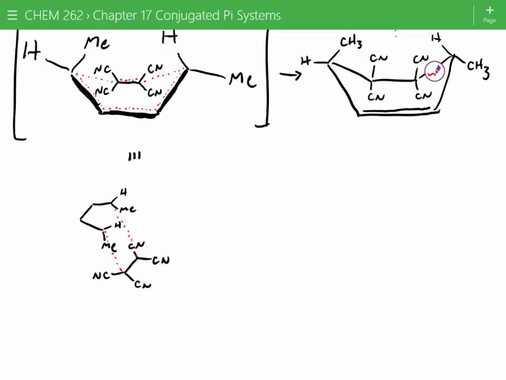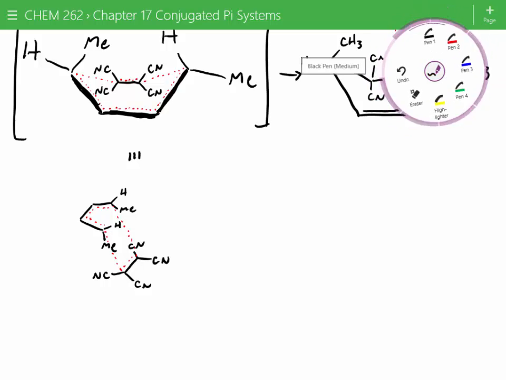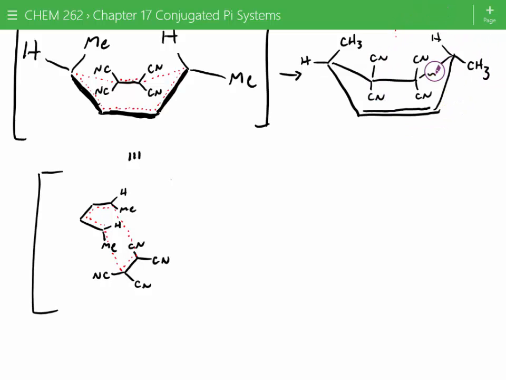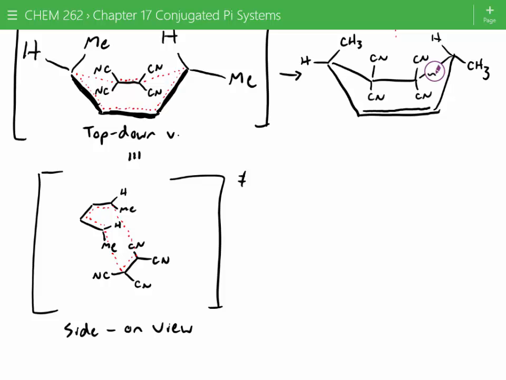So this would be an example of the side-on view. This is the top-down view. But either way, they both form that same product.